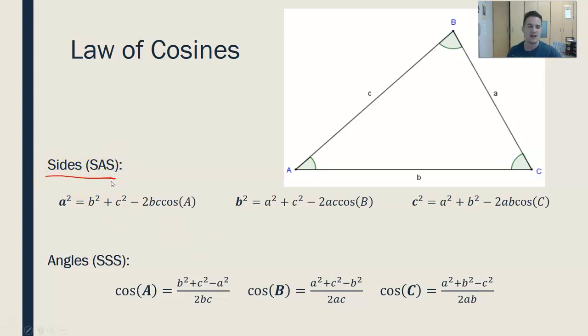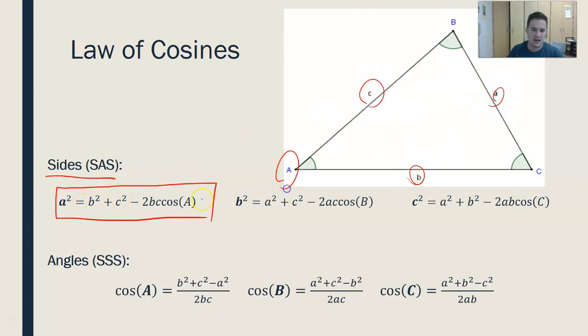So, in a situation like on the previous slide, where we have a side and an angle in between, a side, angle, side, right here is the law of cosines formula. Lowercase a, b, and c are the side lengths, and big A, big B, and big C are the angles.